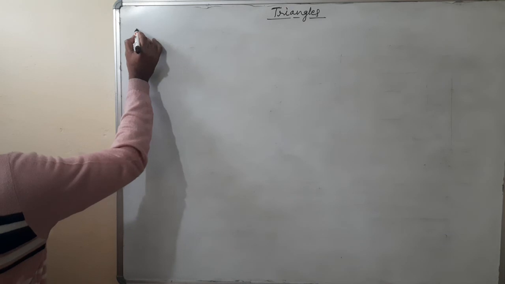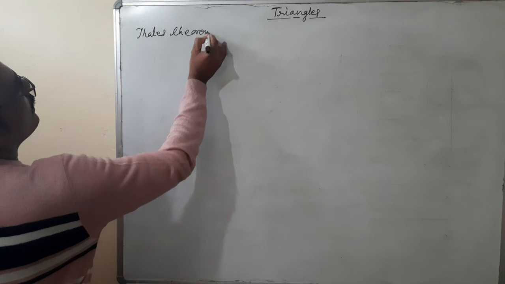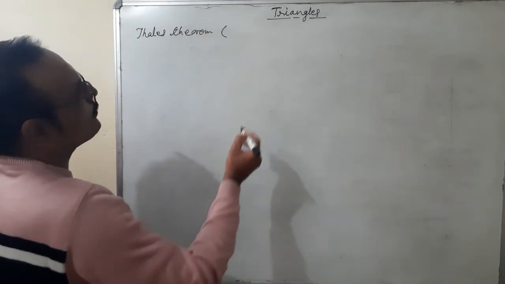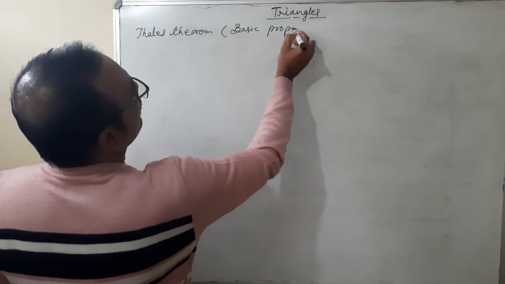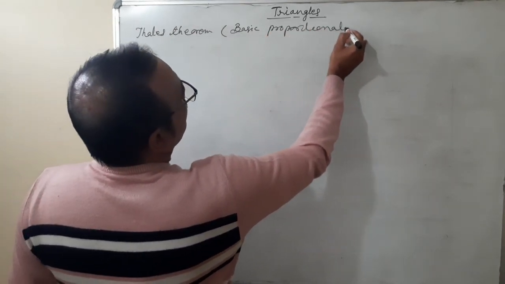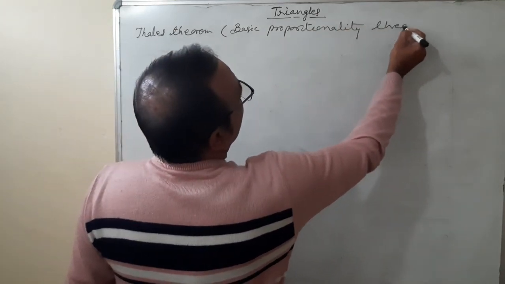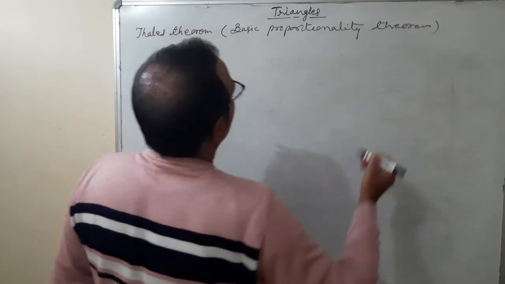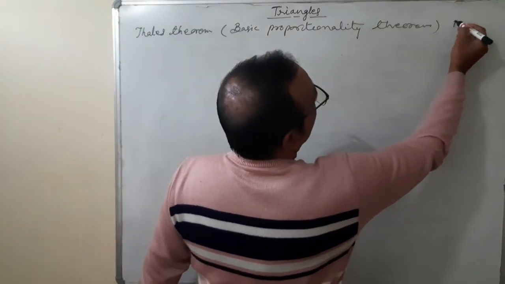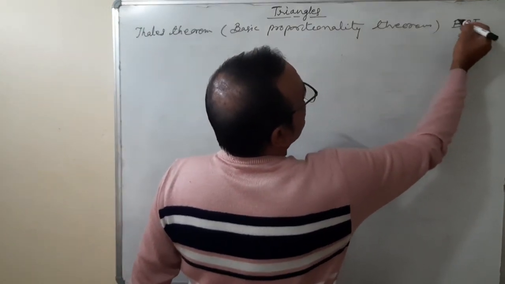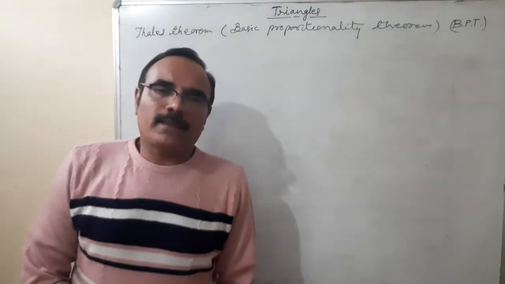First I am writing here Thales theorem, or the second name is basic proportionality theorem, or the third name is fundamental theorem. Commonly it is known as BPT, basic proportionality theorem. Okay, so let us start.